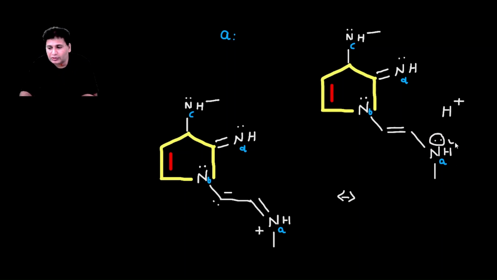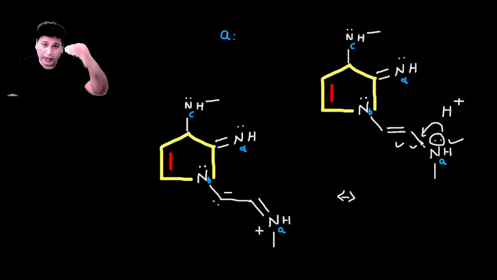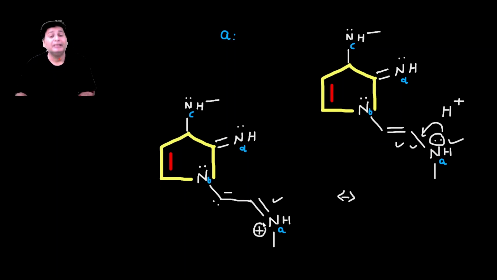Then you see this lone pair is in conjugation. How? Lone pair, single, double. As you feel that a conjugation is there, there will be an obvious delocalization of electrons, and you have to move the lone pair one position ahead to make a new pi bond, as you can see. As the electrons are going away from nitrogen, a plus charge will come on the nitrogen.